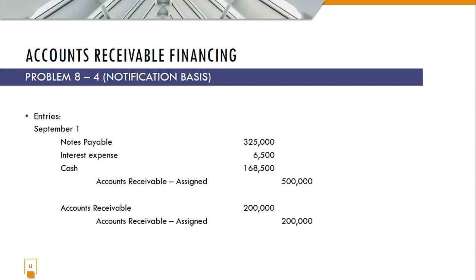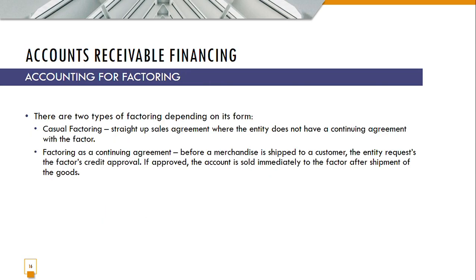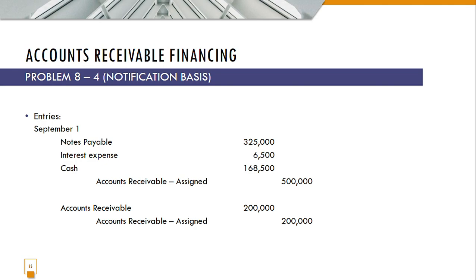You close the notes payable remaining balance of 325,000. So that means you'll be getting 168,500 from the bank. And of course, you close the accounts receivable assigned of 200,000 back to accounts receivable. So that's it for assignment. So next video we will be talking about factoring.